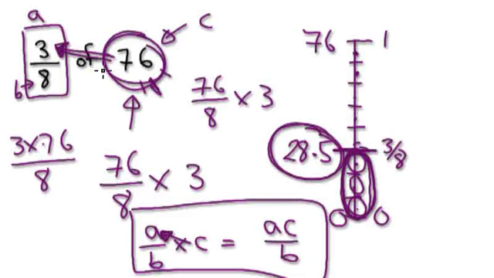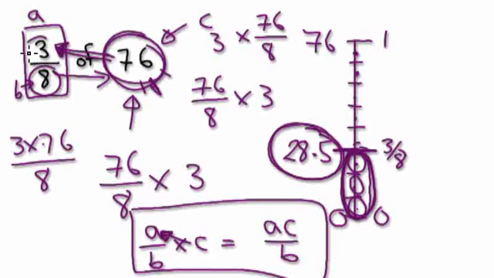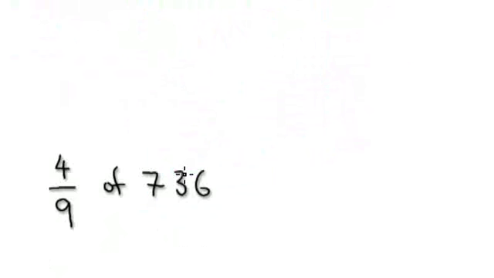That's another way of doing it. Or another way is to actually move this across here. So you could do 76 over 8 and then times 3. Can you see that? They're all the same, basically. It doesn't matter which method you use.